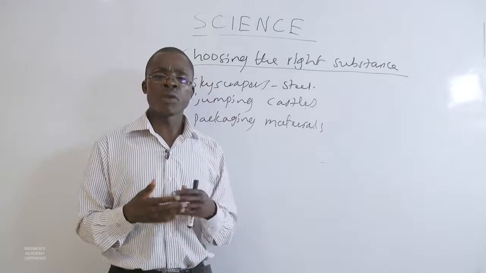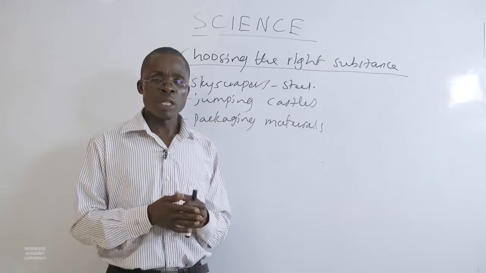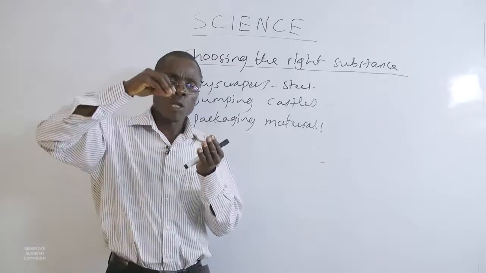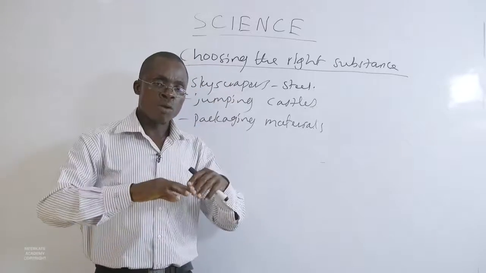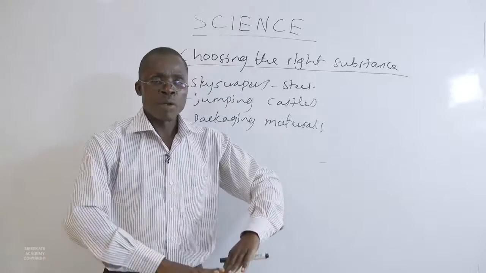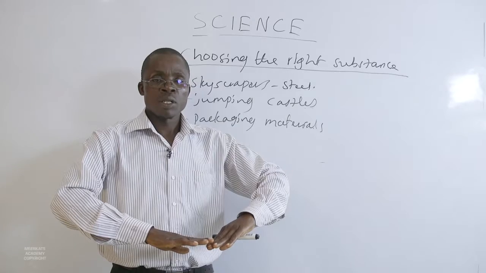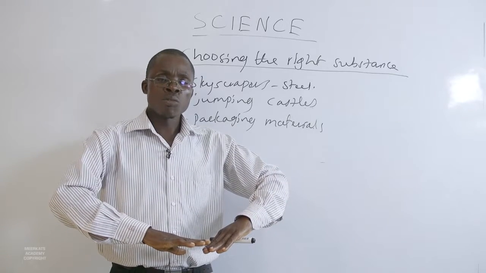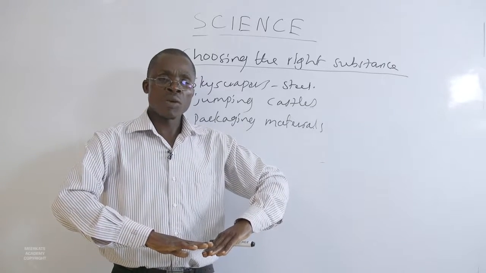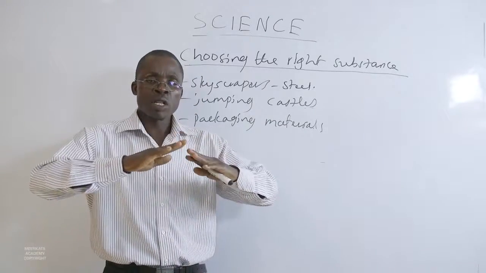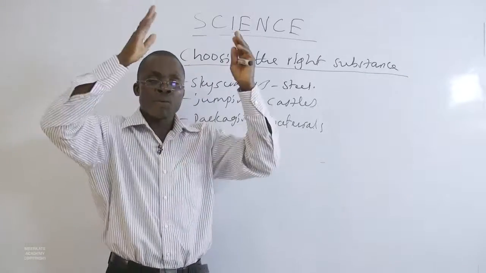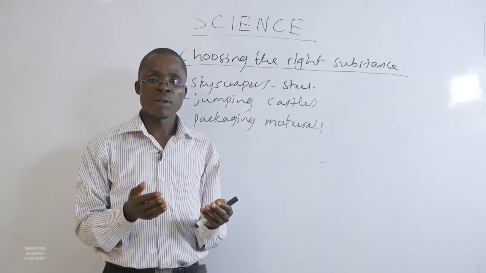The material must be flexible, so that when you spring at that point, when you jump up, as you go down, you will press the material downwards. But the material should be flexible enough and tough enough to spring back, to push you back, so that you can now spring up and high.